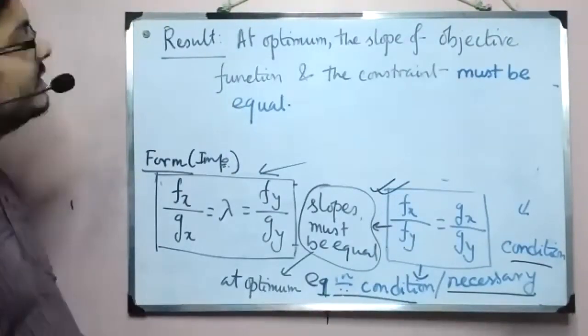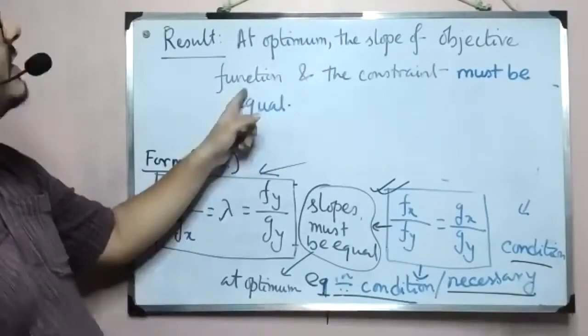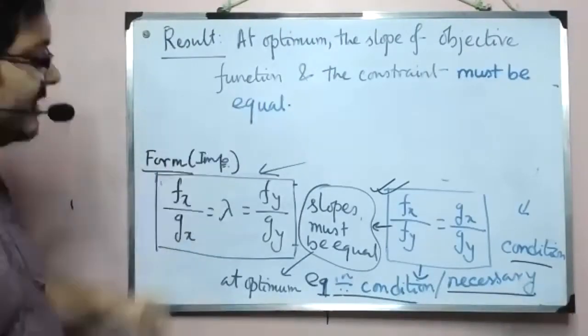So what do you have here? At optimum, the slope of the objective function and the constraint must be equal.